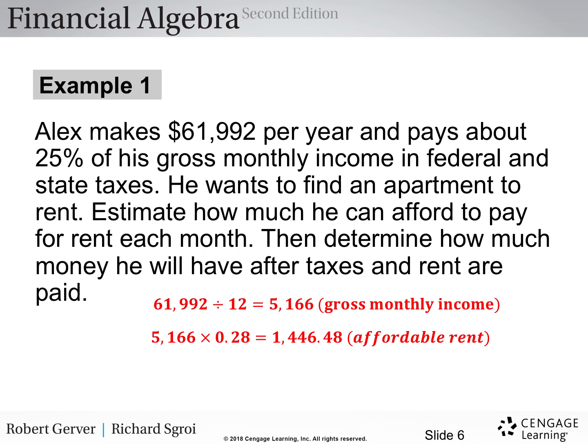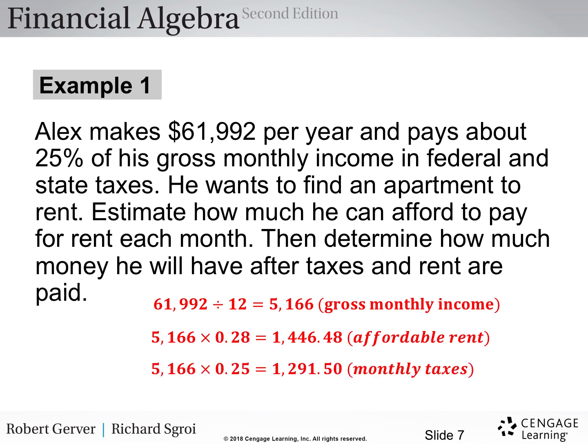So basically we're going to go halfway between that and say, what is 28% of his gross monthly income? We're going to take his gross monthly income, multiply it by 0.28, and we're going to find that he can afford to spend a maximum of $1,446.48 on rent.